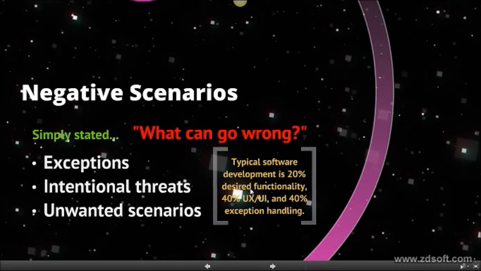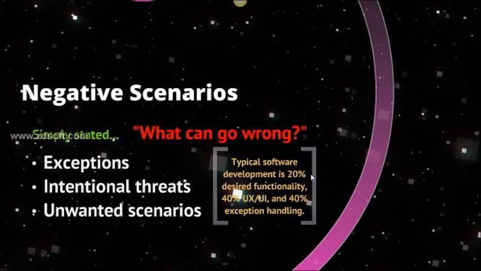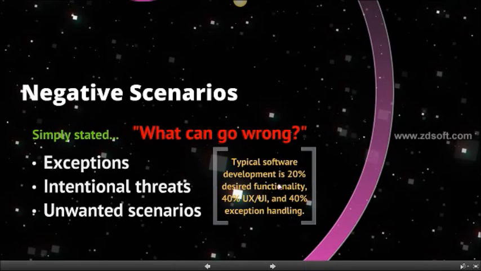They'll talk a little bit about the UI, but they're going to be talking about what they want the system to do. And a not so mature development shop will estimate based on that. They'll estimate based on the desired functionality, the GUI, the graphical user interface, and the user experience, but oftentimes they're going to leave out this 40% exception handling, and that's going to cause them to go over budget.